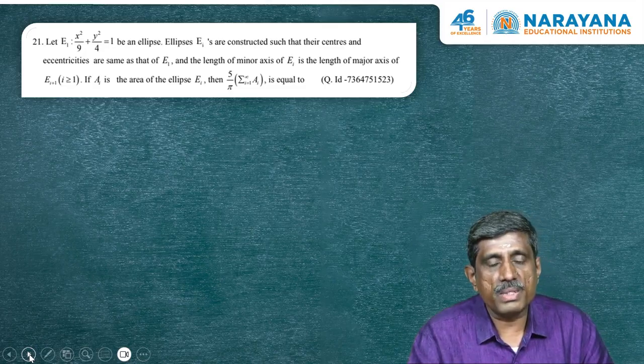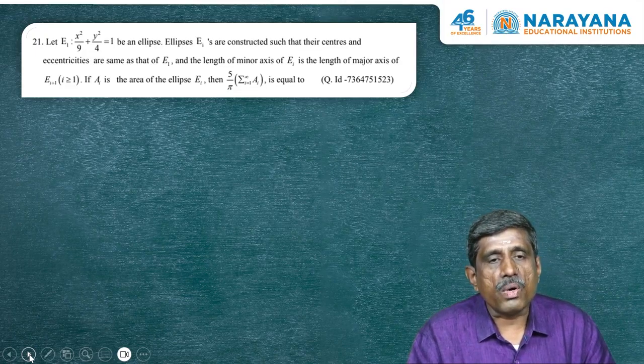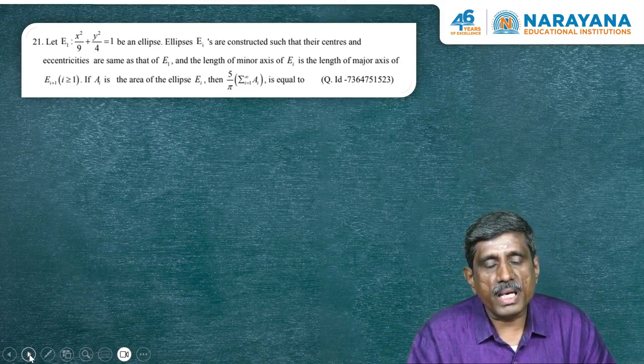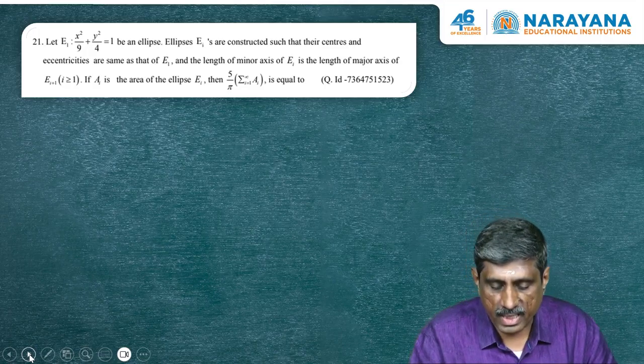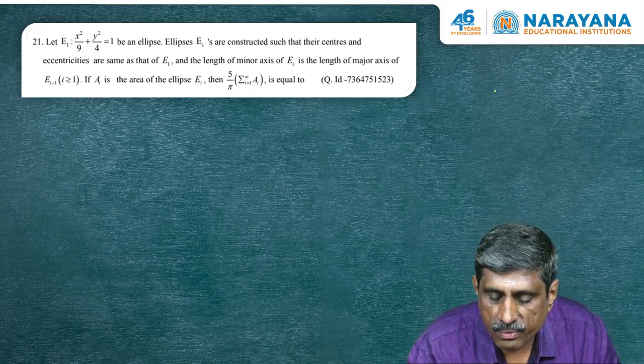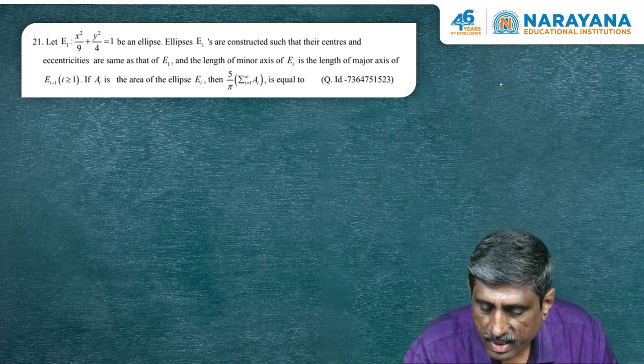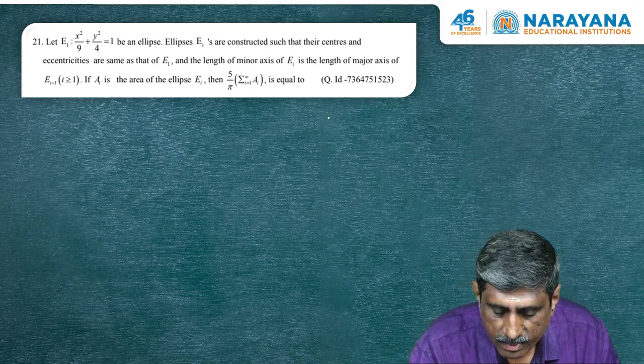So, every ellipse is constructed from the previous ellipse like this. We are asked to find the sum of all the areas, 5 by pi into sigma of all the areas. Carefully follow now. If you just observe it carefully, I can just draw it like this here.